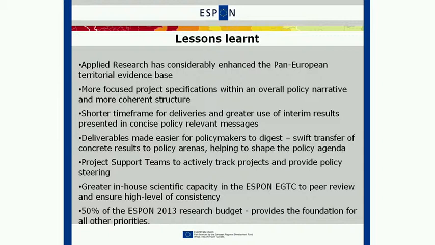So I think one of the criticisms of ESPON research terms of reference and scopes of project was that perhaps they were a little bit too broad, and they need to be narrowed down to make more focus so that we can get clearer and crisper policy relevant messages out of them. So they need to be set within an overall policy narrative and more coherent structure.